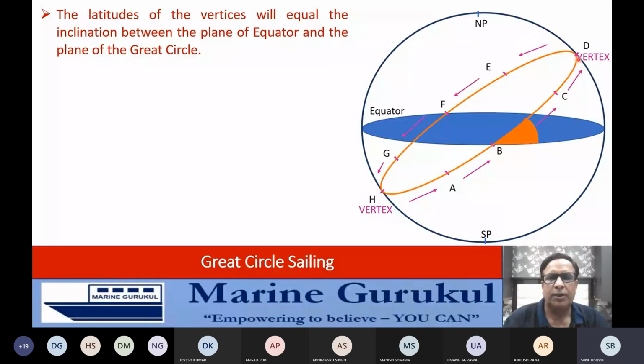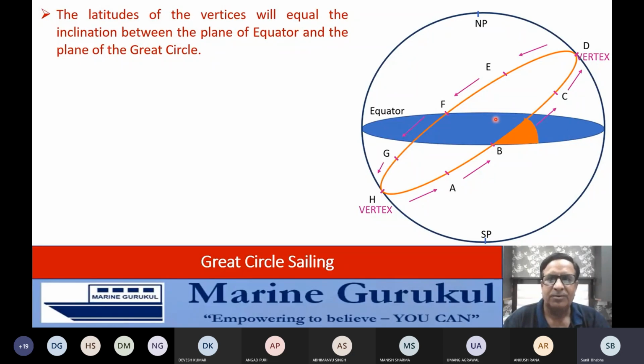Now, if we join this point D with the center of the earth with a straight line, I'm sure we can all visualize that this particular line shall be in the plane of the great circle. So if this line is going to be in the plane of this great circle, then this line shall make the same angle as this one with the plane of equator.